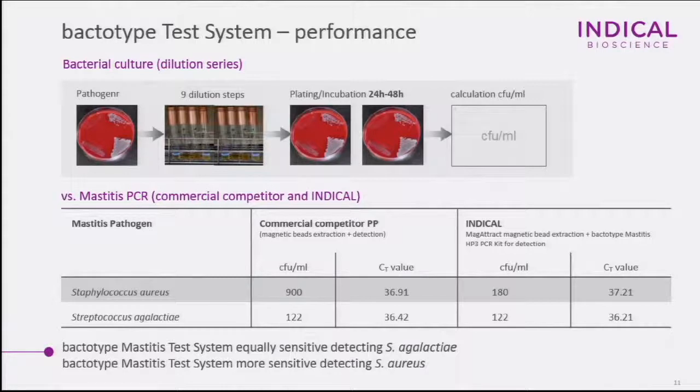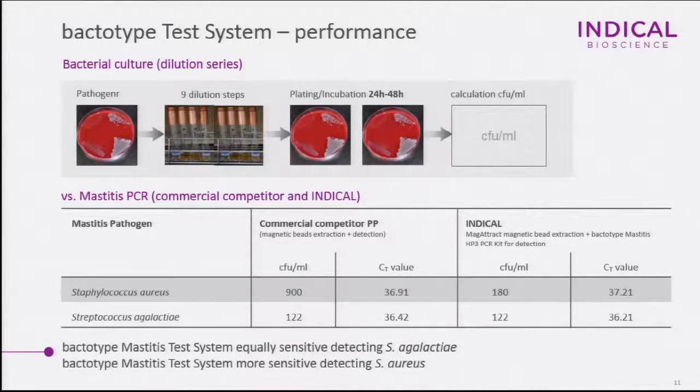During the development, we compared and we validated versus bacterial culture. And I would like to draw your attention here where we compare to culture and compare to another commercially available PCR system, which I call here PP. And what we did, we tested the detection limit for Strep agalactiae.